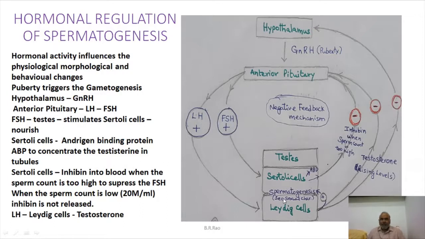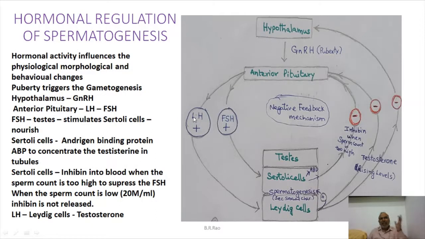And then, when Leydig cells release testosterone and the testosterone gets accumulated at a particular place, this is called rising level of testosterone. When rising levels of testosterone occur in the blood, the testosterone itself negatively feeds back on the hypothalamus as well as the anterior pituitary, so that LH secretion is also regulated.